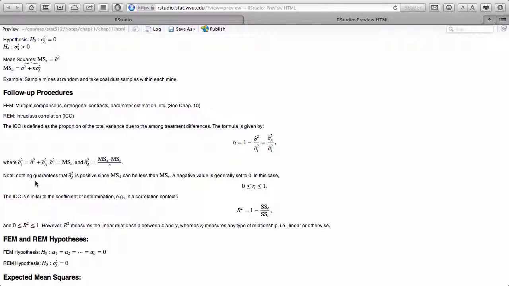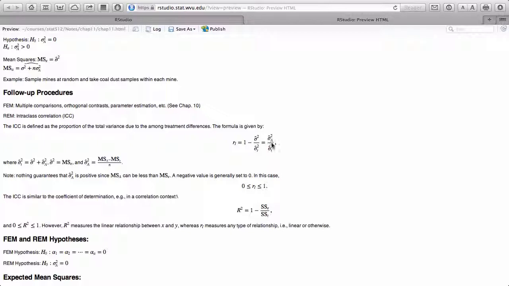The way we define it, it's going to be between 0 and 1. And it's like 1 minus the error variance over the total variance. And that can be written as the variance among, sigma squared sub A, in other words, this term right here, over the sigma squared total.